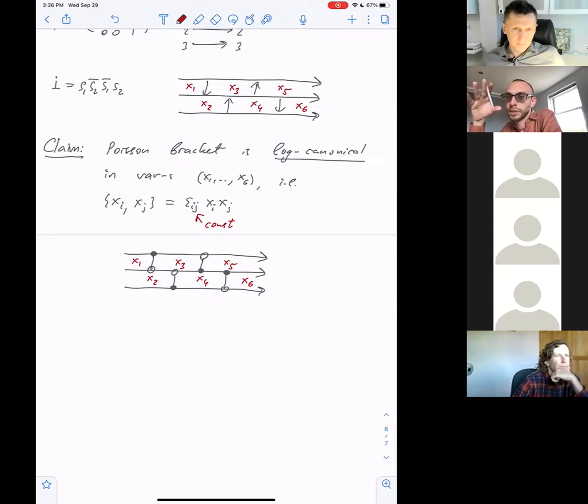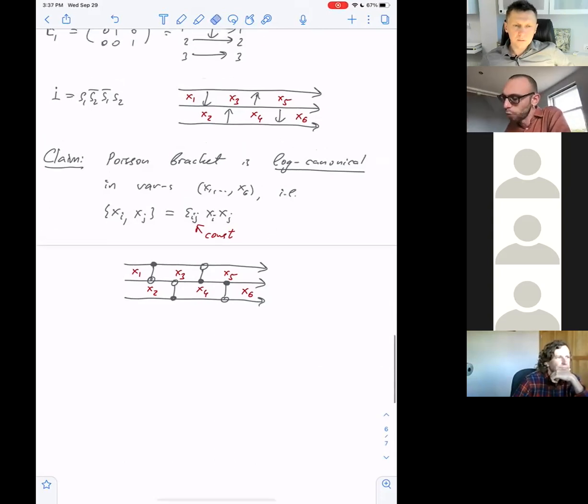It's not log canonical in matrix coefficients. Well, matrix coefficients would be another obvious choice for coordinates, right? But the Poisson bracket in terms of matrix coefficients is complicated. In terms of these coordinates, it's very simple. And now I'm just describing a recipe on how to see it. So we already know the general form of how this Poisson bracket should look, right? It's just the Poisson bracket of two coordinates is a constant times their product.